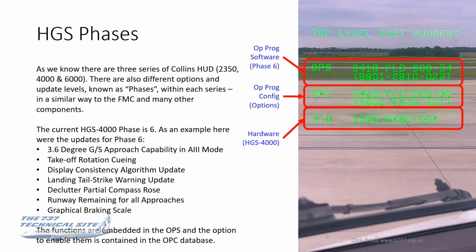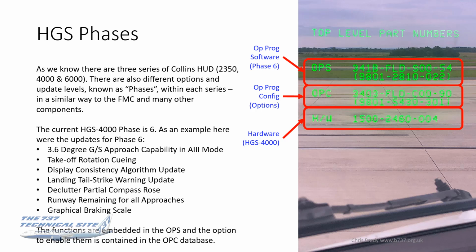3.6 degree glide slope approach capability in A3 mode, takeoff rotation queuing, display consistency algorithm updates. That's a sort of behind the scenes thing. Landing tail strike warning update, which is useful. The compass rows were partially decluttered.